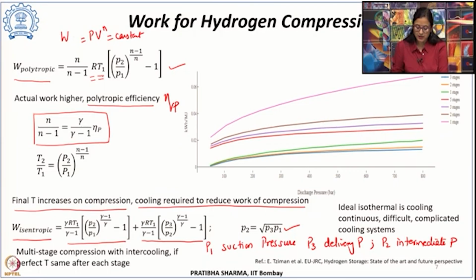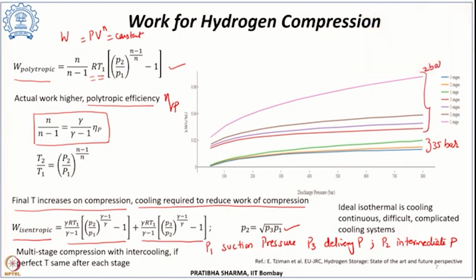Now, the electrical work required for compression against the variation in pressure is plotted in this curve for two different suction pressures, 35 bar and 2 bar, considering different stages of compression.